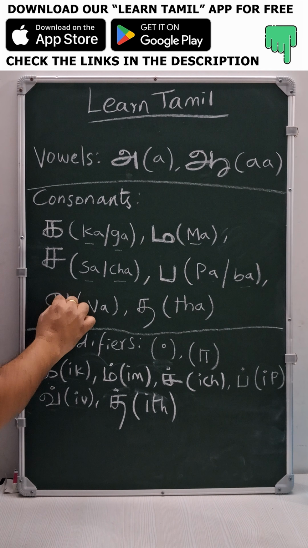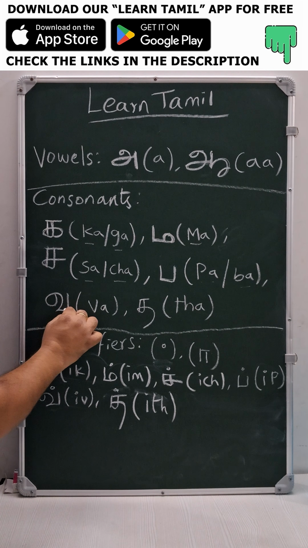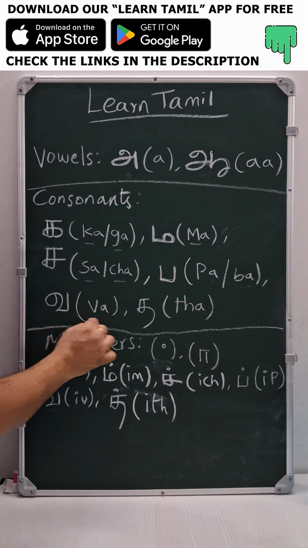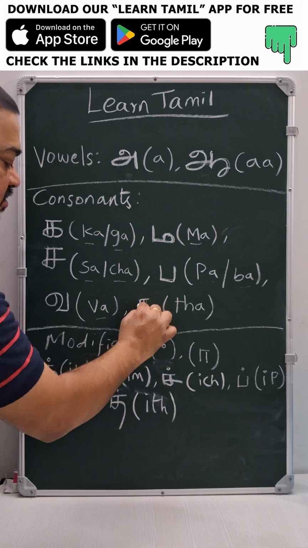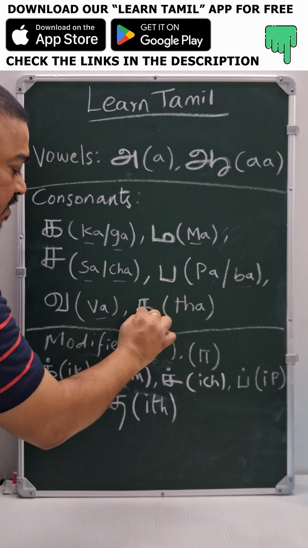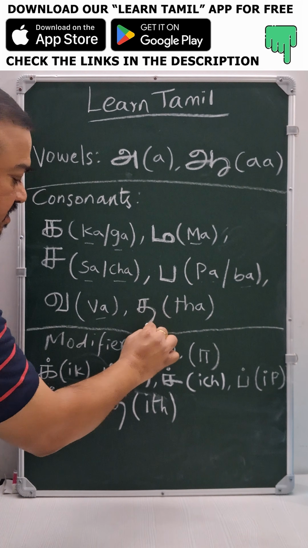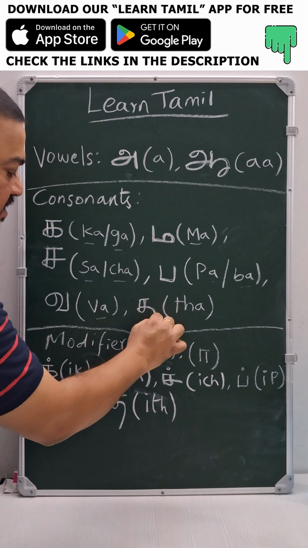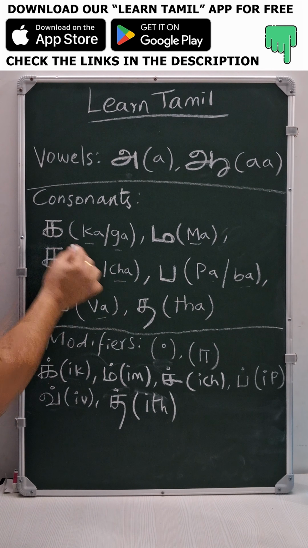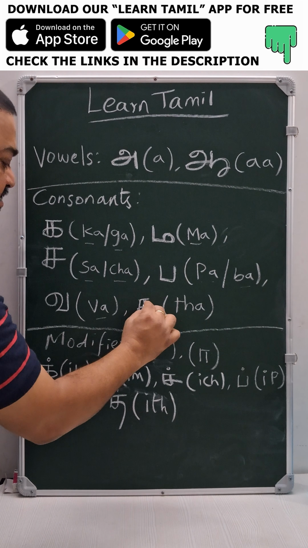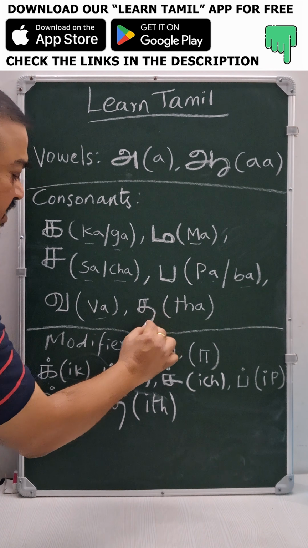And here, this letter is pronounced as Va. V-A, Va. This is Ta. This is how you write it. Same like Ka, but you extend this line this way and this becomes Ta. It's almost similar to this, right? But instead of completing it, you leave it like this.